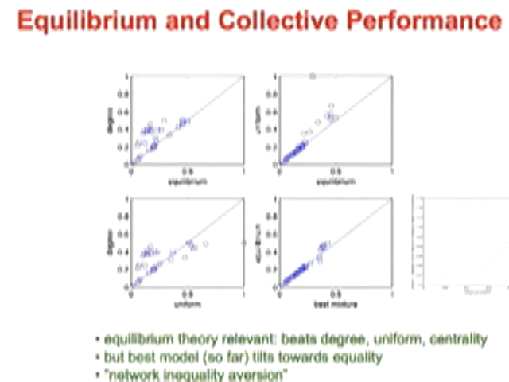Interestingly, the best model we found so far for the individual wealth behavior averaged across all 28 experiments is one in which you take a mixture of equilibrium and uniform. You take the equilibrium vector and the uniform distribution, two probability distributions, and take a linear mixture of them. If you look at the mixture coefficient, which is the weight on the uniform distribution, you find a nice, very convex structure to that optimization, and the best performance is achieved when you put about 75% of the weight on the equilibrium vector, but nudge it back towards equality by mixing in 25% of the uniform distribution.